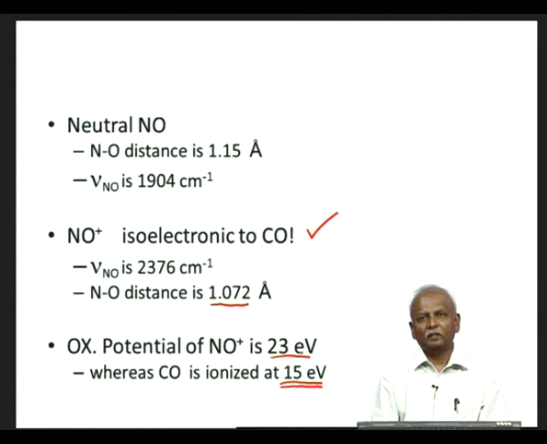So, that is a significantly larger number, and that tells us that it is going to be very difficult to remove an electron completely from NO plus. We are not going to remove it completely, but nevertheless this is an indication that NO plus is going to be a poorer donor compared to carbon monoxide. Carbon monoxide itself is not a great donor ligand, but NO plus is going to be a weaker donor because of these two factors that we have just discussed.